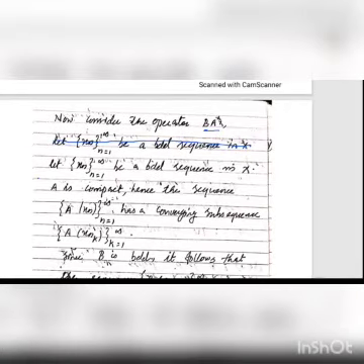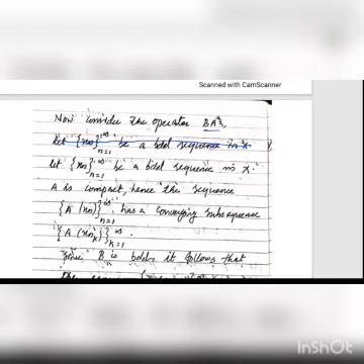Now consider the operator BA. Let the sequence xn be a bounded sequence in X. Now A is compact, hence the sequence A of xn, n equal to 1 to infinity, has a converging subsequence.